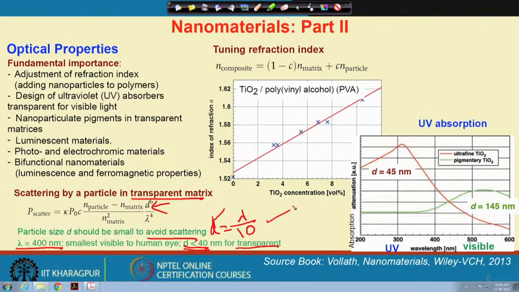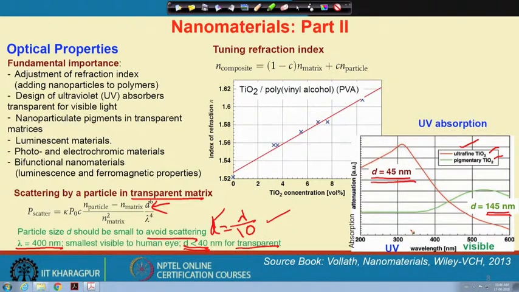And now, we can use this nanoparticle for making some sort of UV filter. How? Let us say there are two different titanium dioxide particles chosen. One is the pigmentary, which has a particle size of 140 nanometer, and the ultrafine one which is something like 40 nanometer. Okay, both are in the nanoscale anyway.